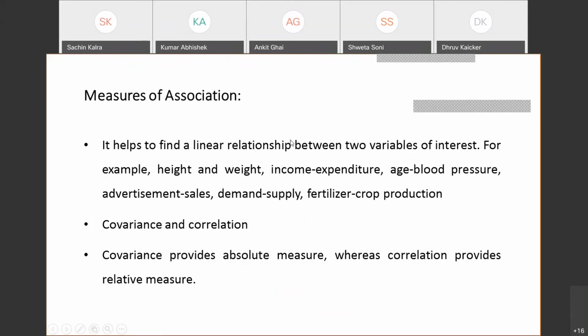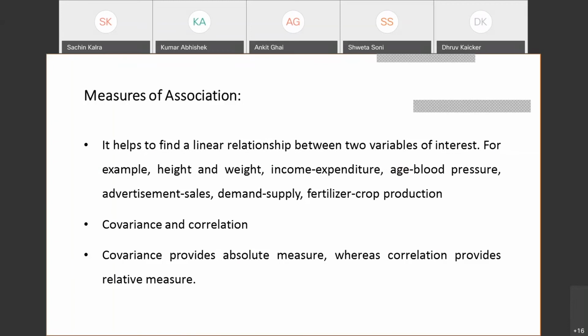Now, so far we saw measures of location and measures of variability. There's a measure of association as well. One example was the scatter plot, the correlation we discussed. So covariance and correlation are two terms which are measures of association. Association means it helps to find a linear relationship between two variables of interest.